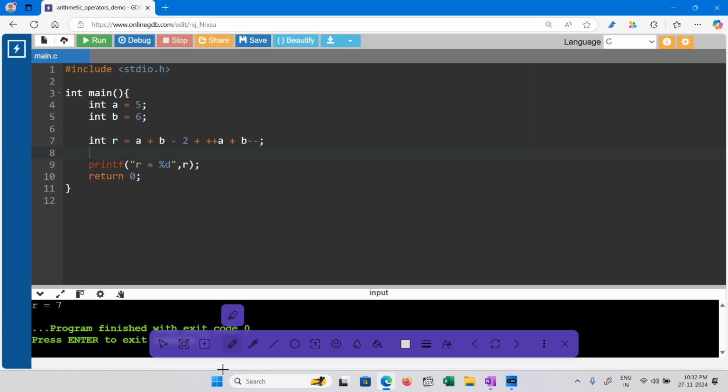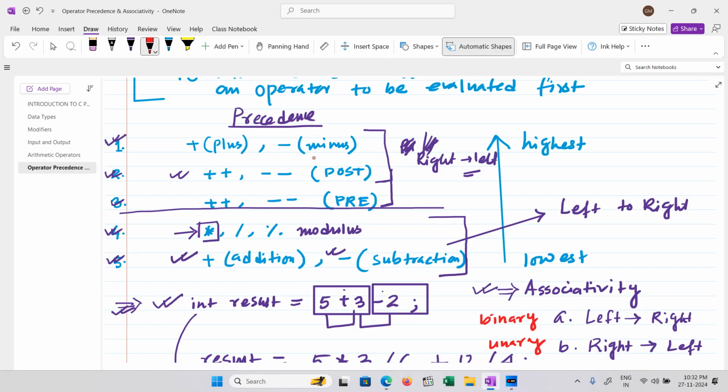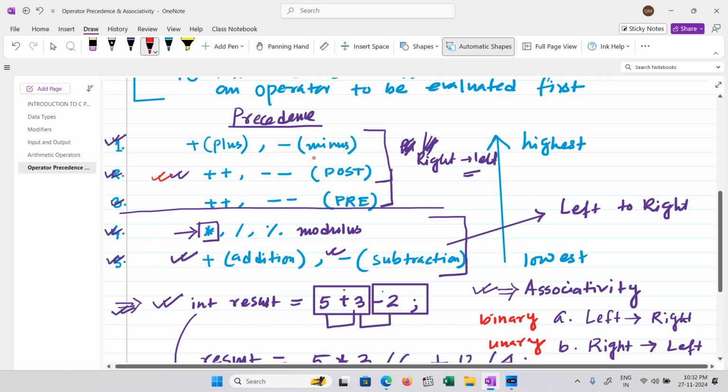Again, as per the table, we have here two unary operators, so they are higher in precedence. Okay, if you recall the table, we found that post increment and decrement is higher in precedence as compared to pre.